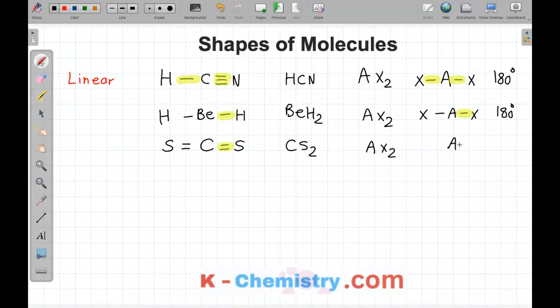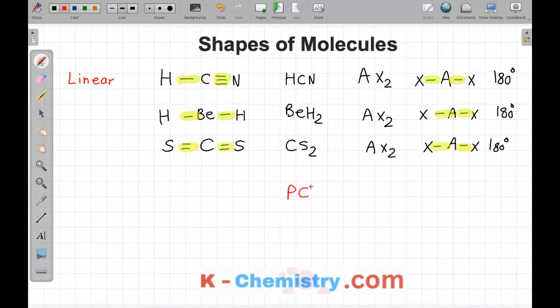So here I have 2 things around the beryllium, 2 things around the carbon, and 2 things around the carbon here. Still consider 2 things only around the central atom, and all of them are still considered 180 degrees. Take care, the triple or single or double, they are all the same. That's why I brought the 3 important examples.